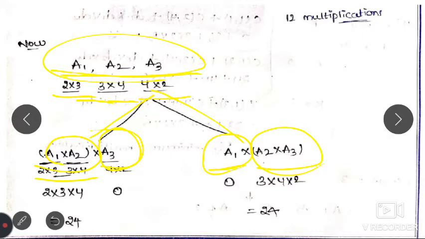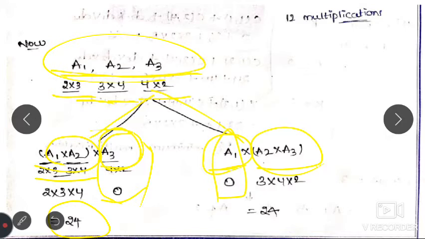Here A1 and A2 have orders 2 by 3 and 3 by 4, so the total number of multiplications is 24. A3 is a single matrix, so it contains 0 multiplications.